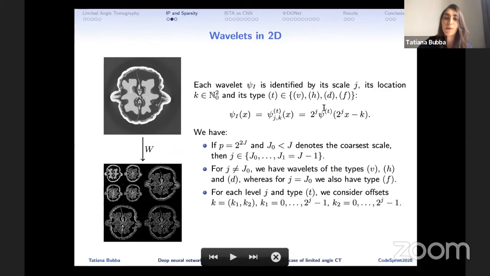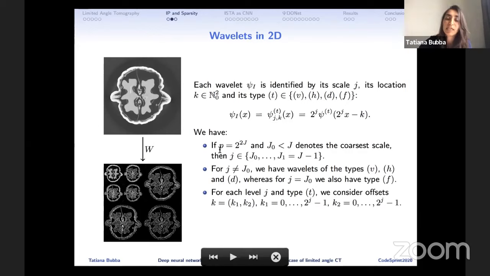You have this variable t here, which for us denotes the kind of coefficient we are dealing with: either vertical, horizontal, diagonal, or f, which is the low pass one. For what follows, we need a bit of notation. When you define this kind of basis, in theory it can go up to infinity. In practice, we only have a few scales when we perform this on a computer.